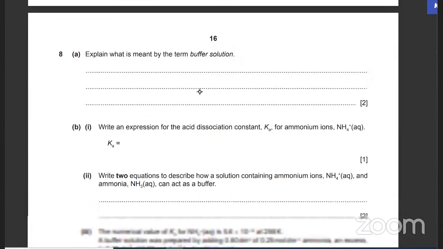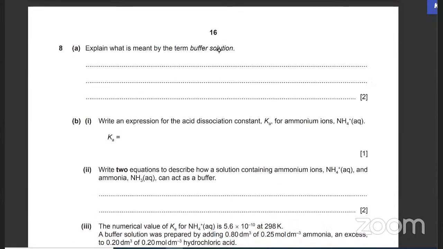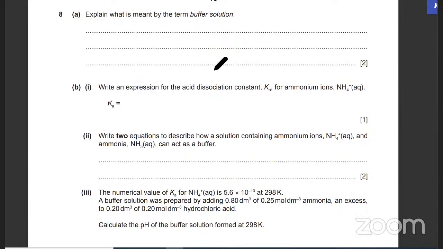It's a past question. This is about what is meant by the buffer solution. So it's a solution that resists a change in pH when a small amount of acid or alkali is added. Ammonium ions, he's talking about K, so it's acting as an acid. It's going to be NH4 plus 1. It will ionize, it will produce NH3, and it will produce H plus 1.